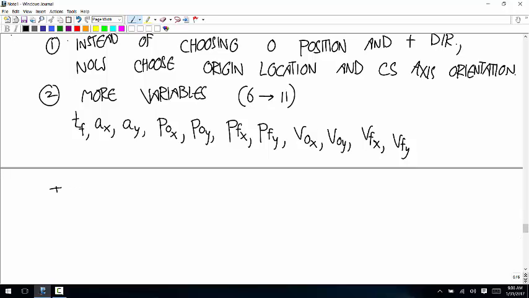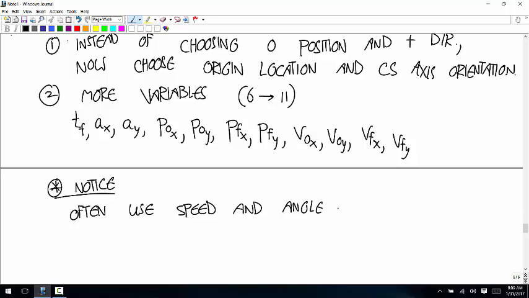And there are 2 things to notice about these problems. These are 2 sort of useful facts. The first one is for these problems, we're often going to have to use an object's speed and angle to find a velocity vector.